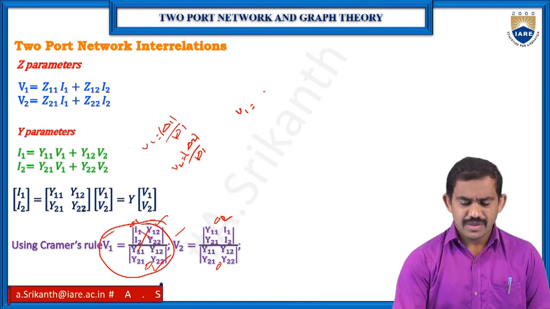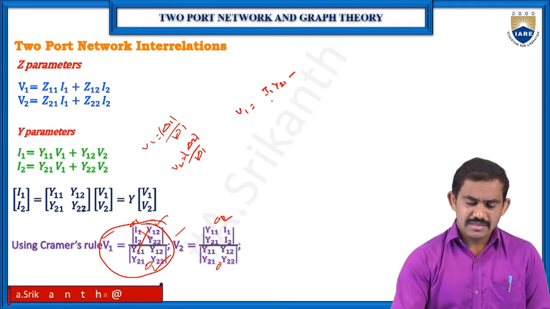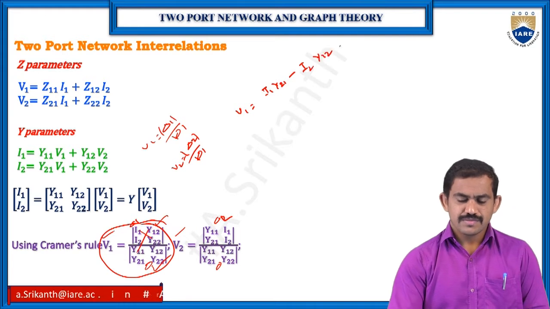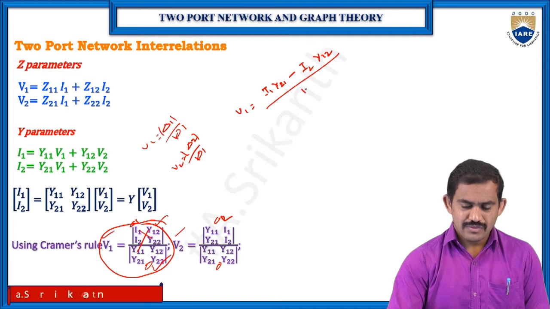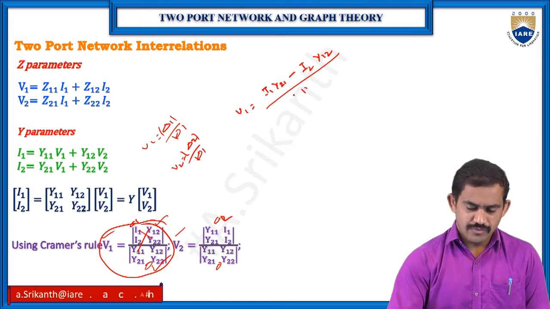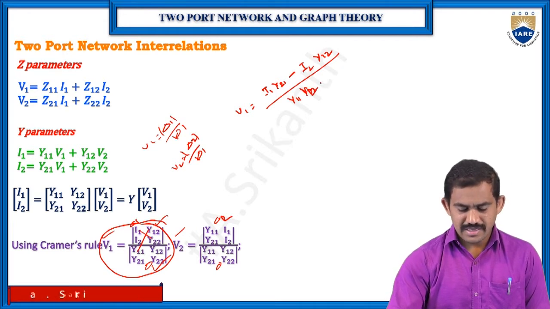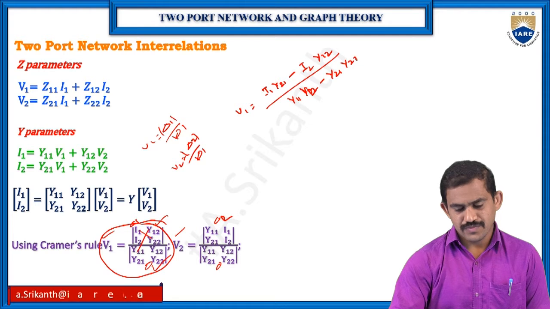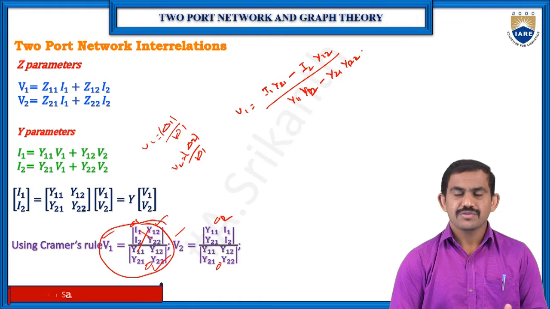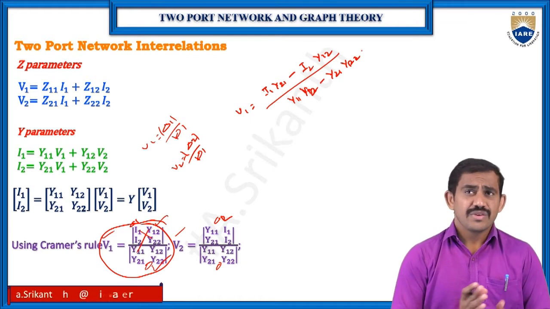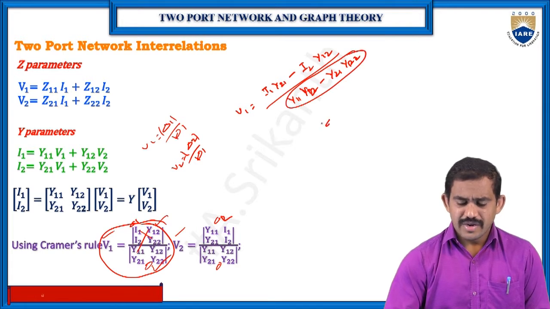So i1 into y21 minus i2 into y12, by, you can write directly, y11 y22 minus y21 y12. So this is the v1 value, and this denominator you can write as delta y.